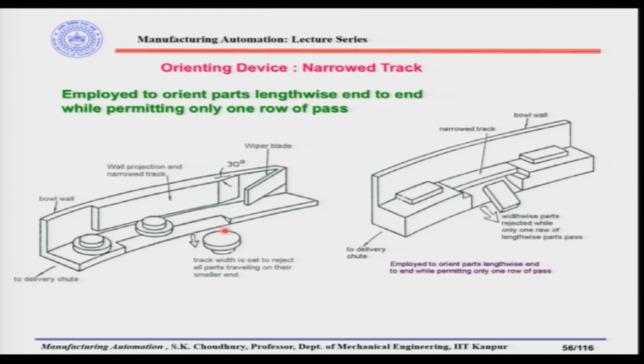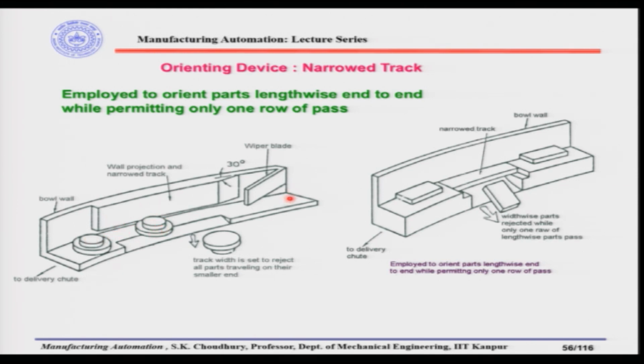So, the parts coming with this orientation will be rejected, because this diameter is not able to negotiate through the space between the wall projection and the track, whereas the parts coming in this orientation, this width will go inside the space between the wall projection and the track, and it will go through. So, let us say that this is the desired orientation for us.